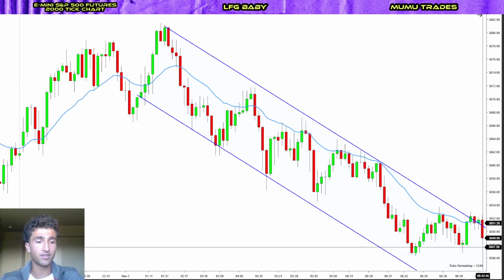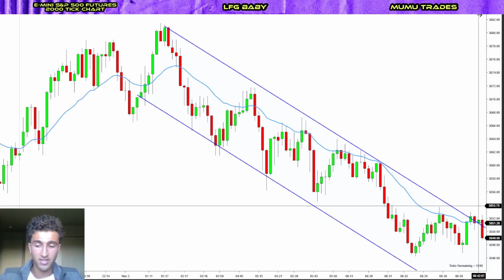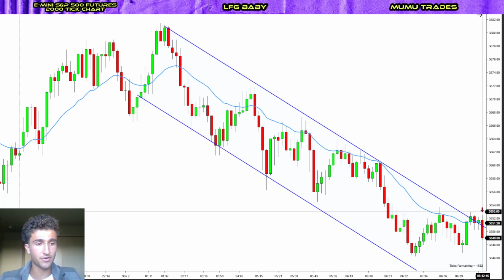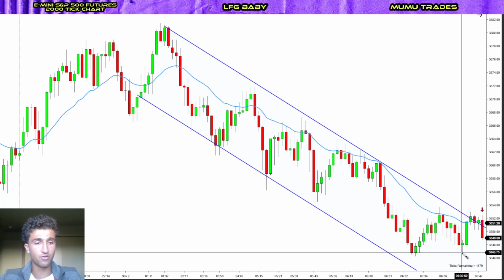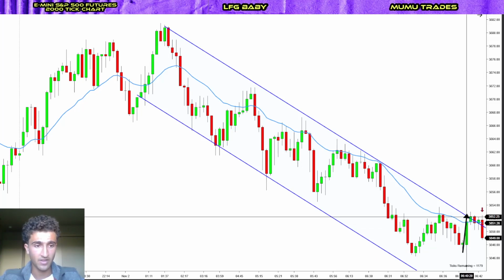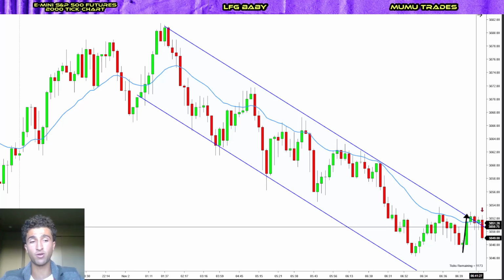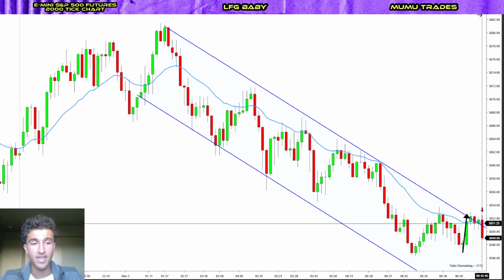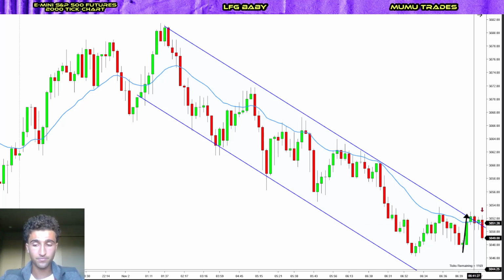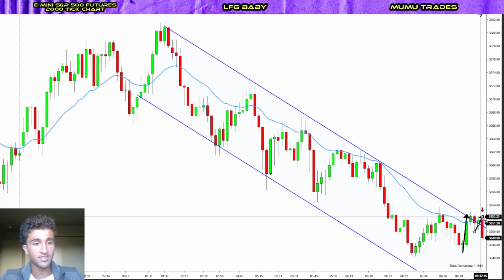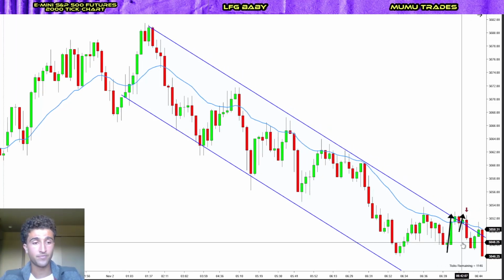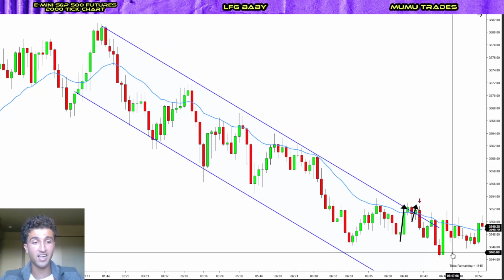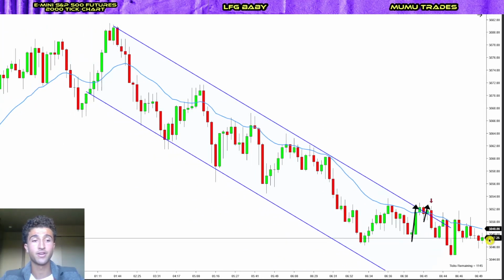So we actually have our first decent setup right here on the right side of the screen, because not only is it a second entry short, counting from this low, we have one leg up, a first entry short once the first bearish bar breaks below the one previous to it, and a second entry short all in one bar that ticks above and then quickly turns bearish and closes lower, and it worked for a nice scalp, and it ended up going a lot further.